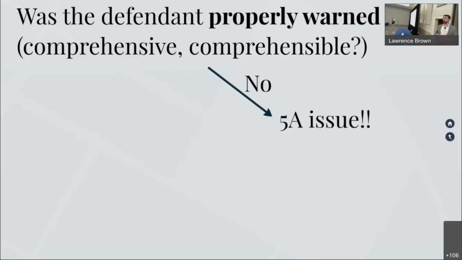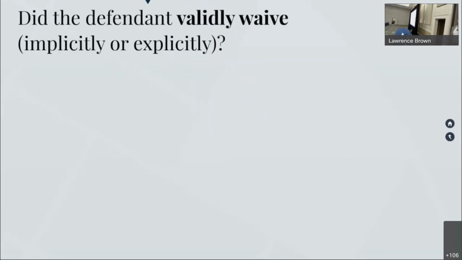If the answer is no, well, now we have a Fifth Amendment issue, right? Now we can argue that there's solid grounds for a Fifth Amendment issue. If the answer is yes, we're still not done because we have the waiver argument, implicit and explicit waiver. You are all familiar, I'm sure, with how easy it is to implicitly waive Miranda warnings. Just speaking after being given Miranda warnings counts as an implicit waiver.